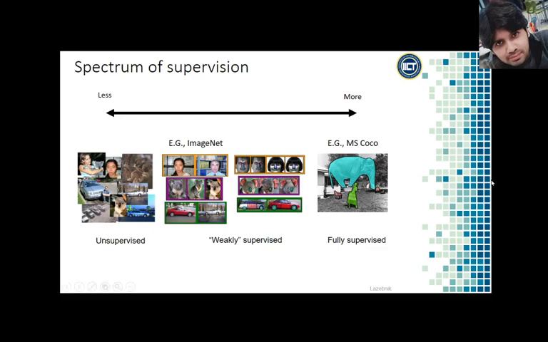In this case, you are just given the bounding boxes, inclusive of other object categories or background pixels, or you are given some small regions which are attached to some other object.